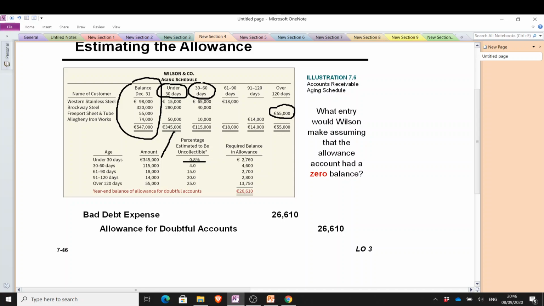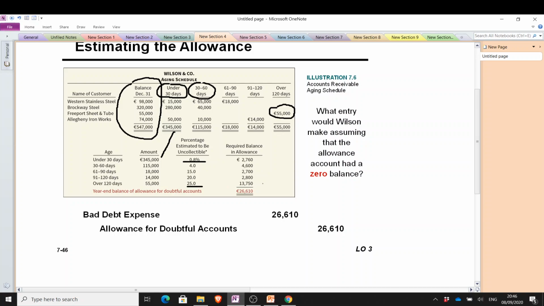So the balance only needs to be 0.8% times 345,000, which equals 2,760 euros. Between 30 to 60 days, 4%. Between 61 to 90 days, 15%. And the last one, over 120 days, 25%.